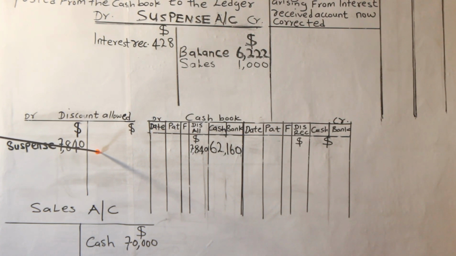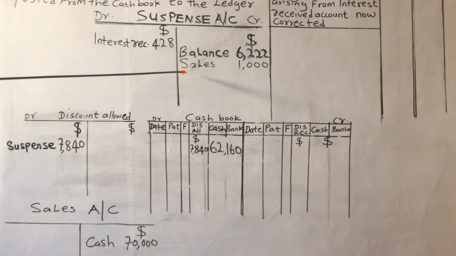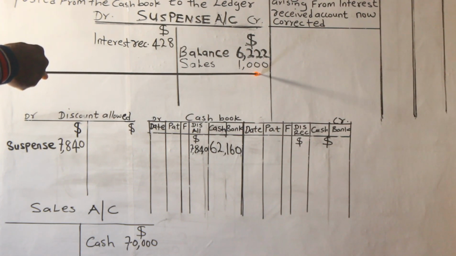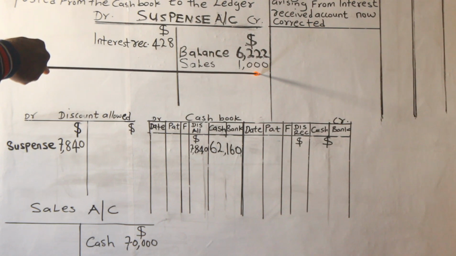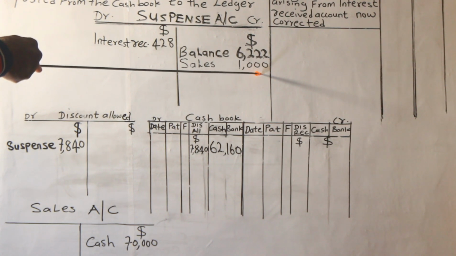Therefore, the increment is on the credit side and has to be placed on the credit side of the suspense account. So the first thing we do here is to record discount allowed here as 7,840, showing that this error has increased the credit side of the trial balance. This is one of the problems that caused the discrepancies in the trial balance.